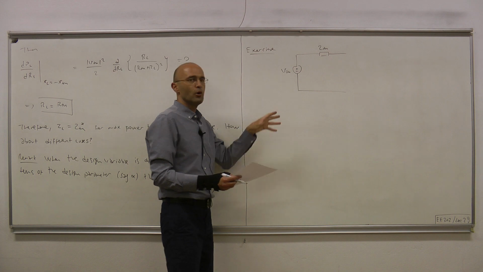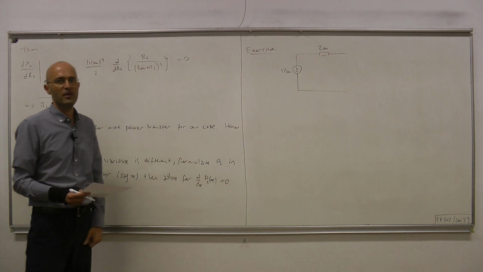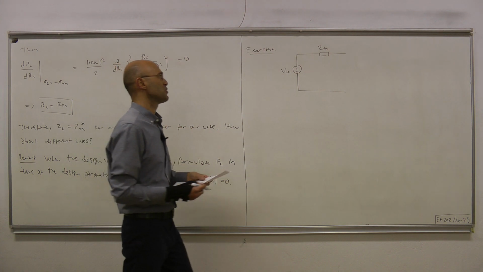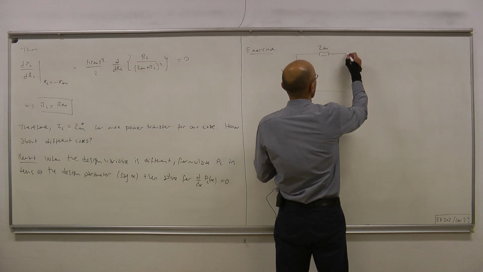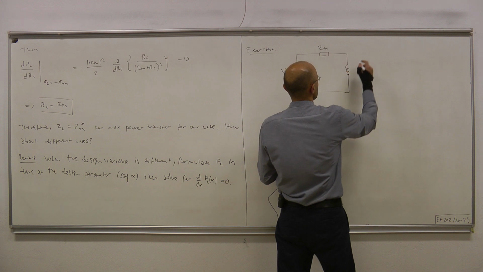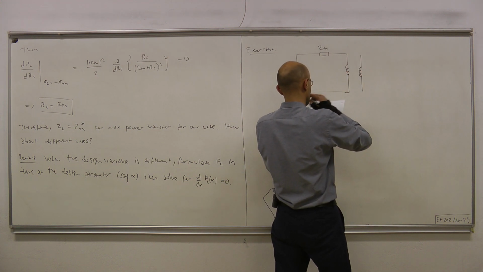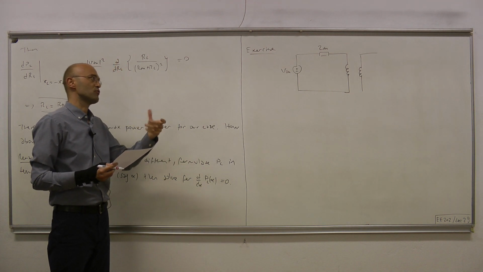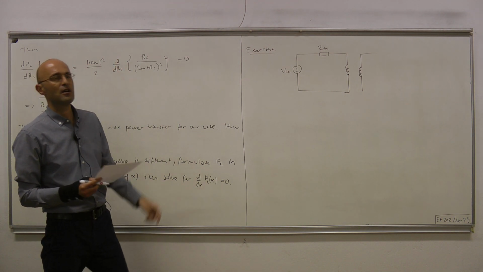Suppose that our load is a closed box and we cannot open that box. But what we have at our disposal is, let's say, a transformer, and we can connect one end of the transformer to the circuit and the other end to our load.